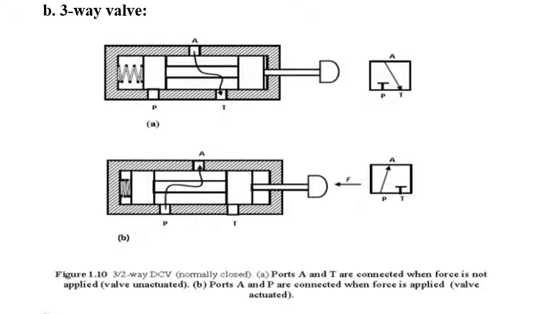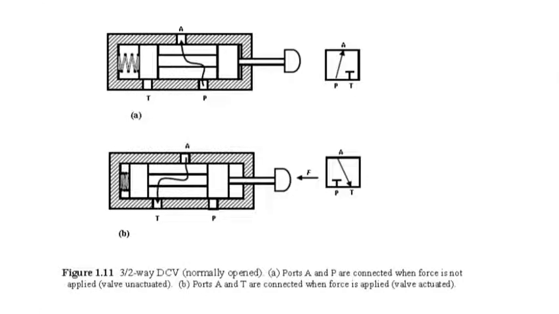In the initial position the pump port is blocked, so it is normally closed valve. And look at this, now the pump is opened, the pump is connected towards A and T is blocked, pump is connected to A. This condition is satisfied and it is normally open valve. In initial stage or initial position P is opened, so here is normally opened valve. 3 ports, 2 positions.